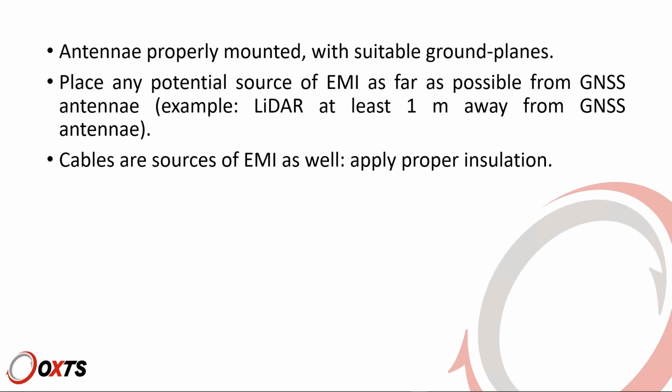So get the primary antenna at least 1 meter, if you can, away from the LiDAR or any other devices. And mind the cables, because if they are not properly insulated, they can be a source of EMI as well. The EMI does disturb the GNSS signal because the GNSS signal is very faint in nature, so it needs to be protected somehow from any interference.